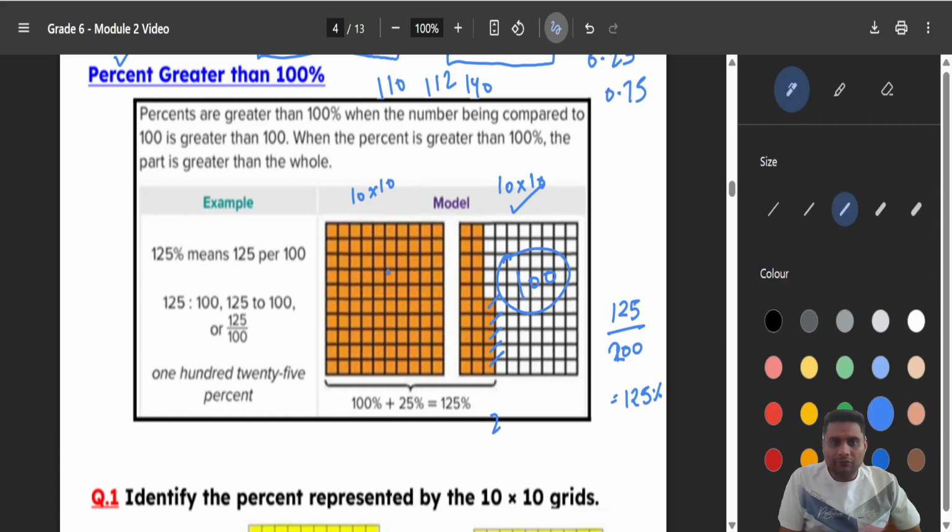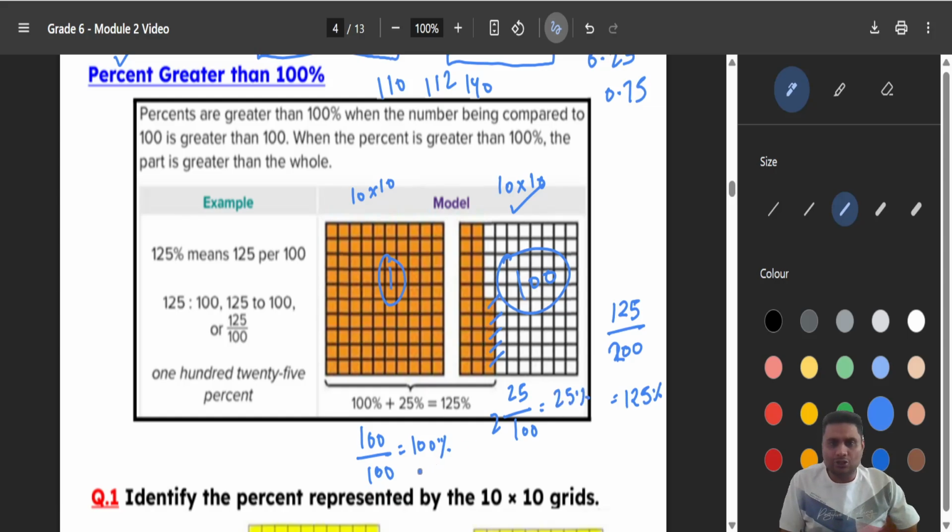First you find the percent for the first one. Here how many boxes are filled? 100 out of 100. Now 100 out of 100 means percent, so this will become 100%, right? 100% means all the boxes are filled. In the second one, 25 are filled out of 100, correct? So it means this is 25%.